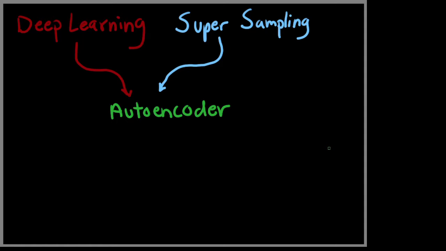So let's start at supersampling. To recap, we said that supersampling is the idea that we can render frames at a higher resolution than the final product will need, and then we can downsample, or shrink, the image, and this actually increases our image fidelity.